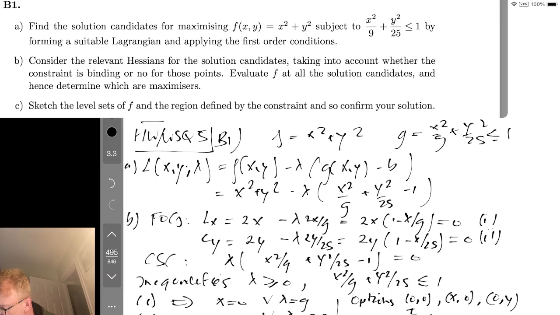Call that case 1, case 2, case 3. And then in case 2, when x is non-zero, we have lambda is 9, and when y is non-zero, we have lambda is 25.